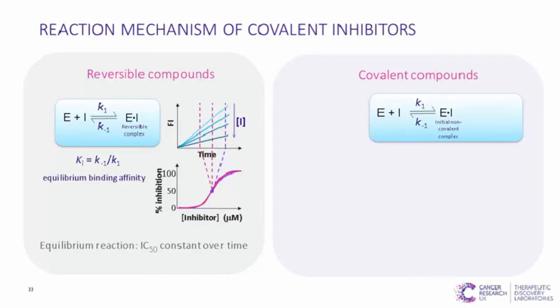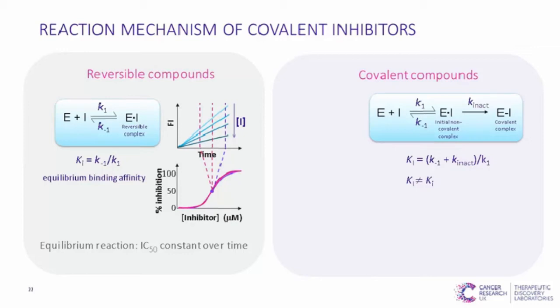For covalent compounds, the first step of the reaction is identical, but then there's a second step, an irreversible step, where the rate is the kinact, or the rate of inactivation of the enzyme, which leads to the covalent complex. The parameters now used to describe the kinetics of a covalent compound are twofold.